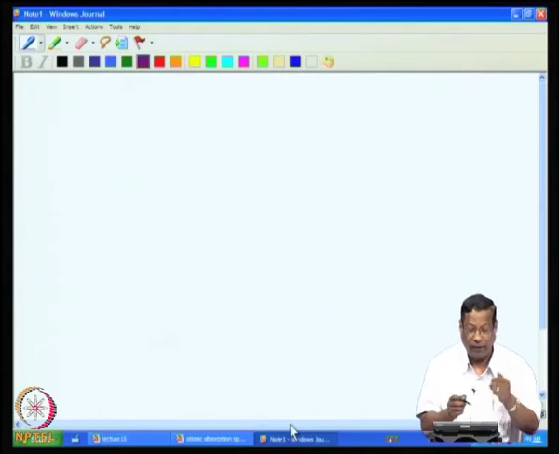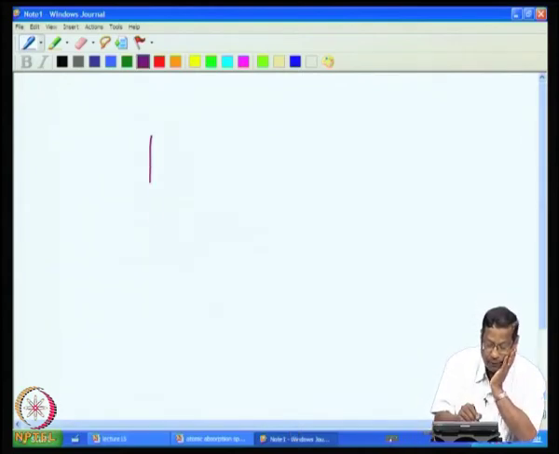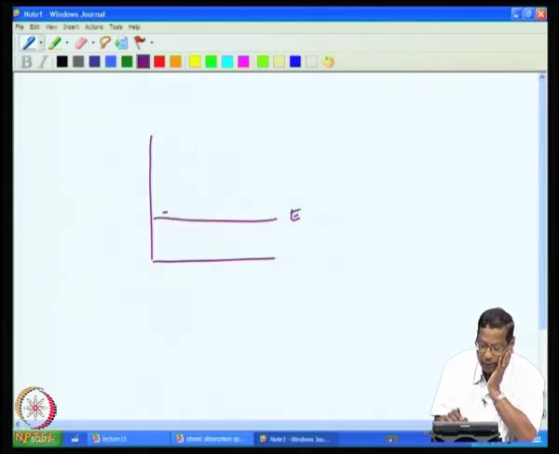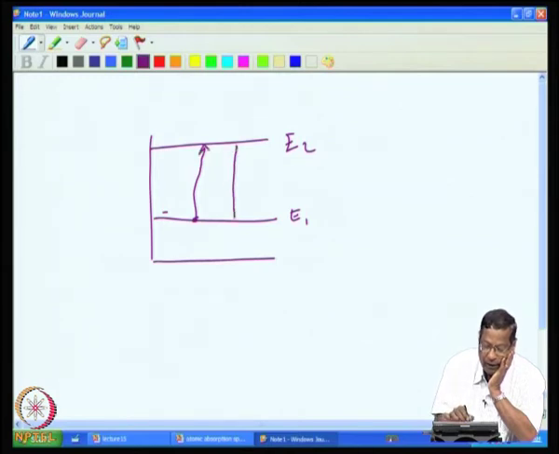There are two states, one corresponding to E1, another corresponding to E2, and I have an electron here, it can go like this, and the excited electron can come back like this.